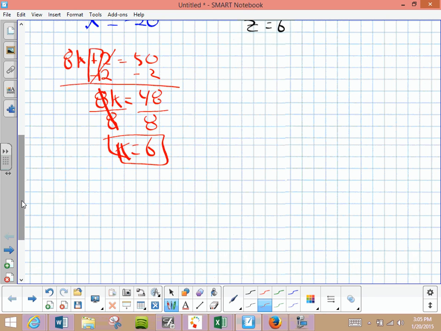They equal something. It has an equal sign. In this situation, it means 8k plus 2 equals 50. That's what we call an equation, because each side is equal to each other. Side A is equal to side B.